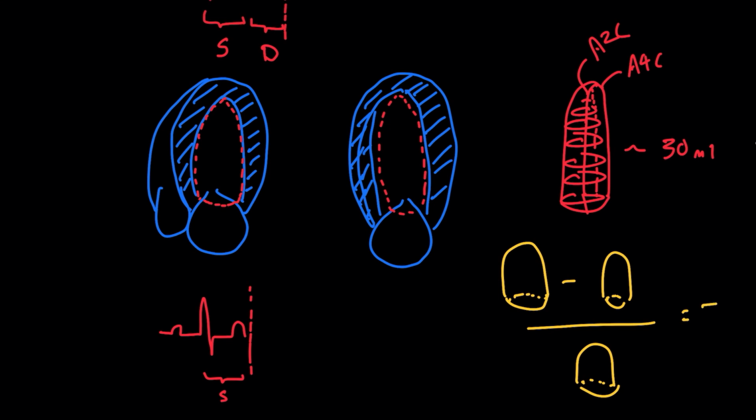In our case, what would that be? Well, we said we had 100 ml minus 30 ml over 100 ml, which would be equal to an ejection fraction of 70%, on the high normal side, or maybe a little hyperdynamic.